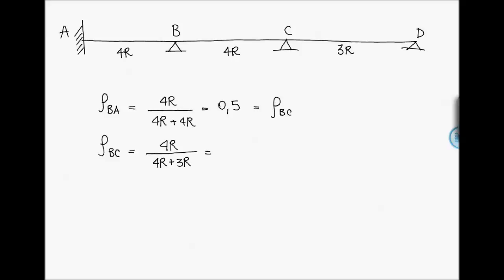and it is equal to 0.571, while the distribution factor rho CD is equal to 3R over 4R plus 3R, that is 0.429.